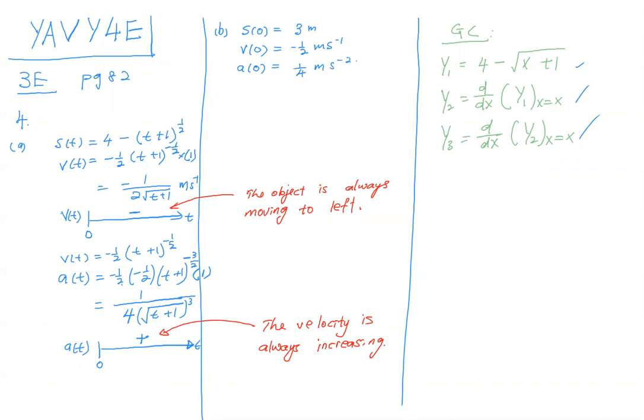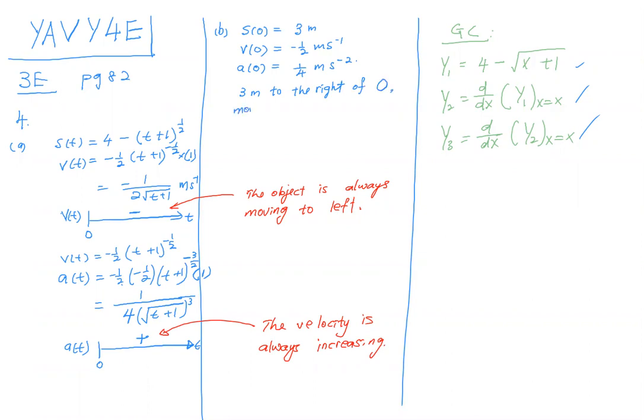So how are you going to describe it? You will say, initially, if you look at your book for the answer, the particle is 3 meters to the right. Right of what? Of O, the origin.